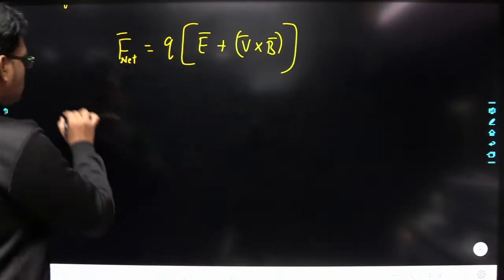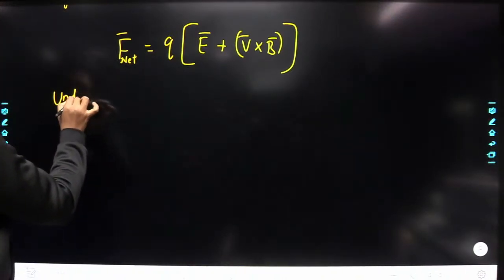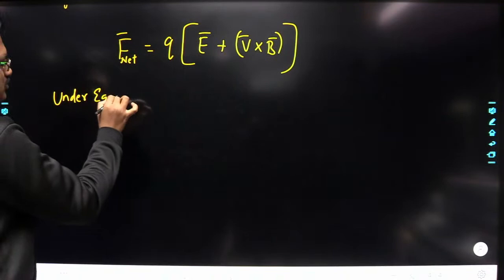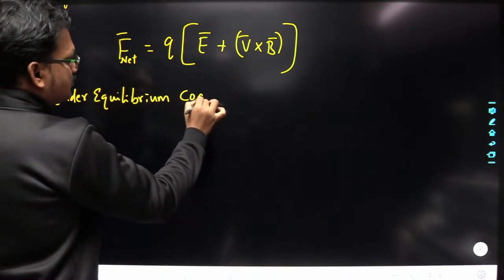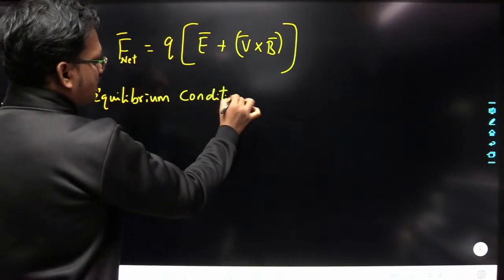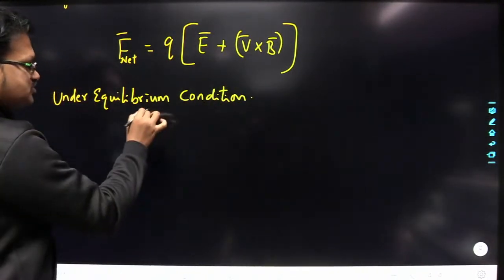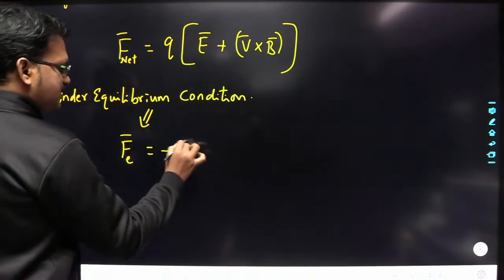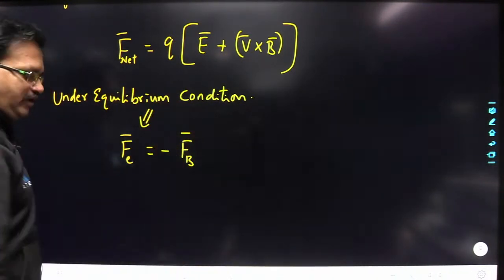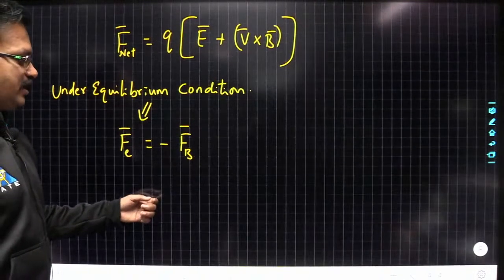Understood? Under equilibrium condition, we have seen that F electrical will be equal to minus F magnetic. The net force is F electrical plus F magnetic, and under equilibrium this must go to 0. So from here F electrical is equal to minus F magnetic.